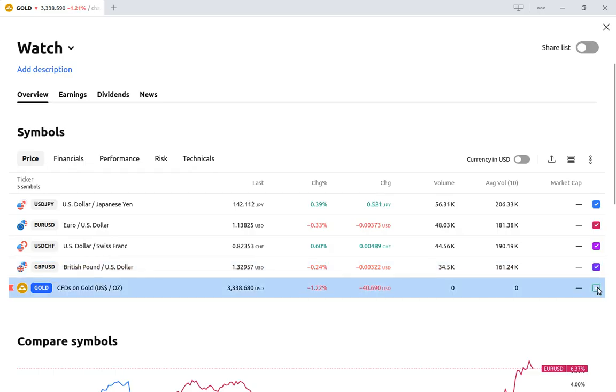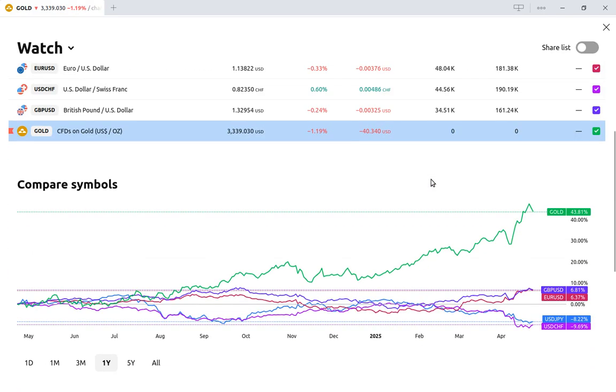Okay. So using our TradingView, we're going to compare the performances of the currencies with gold.